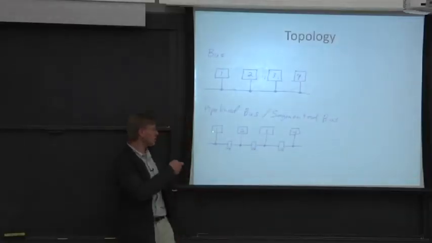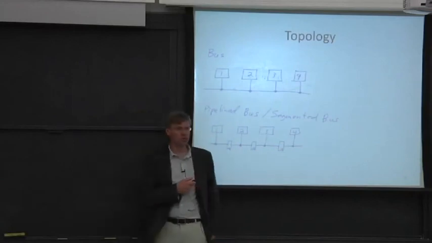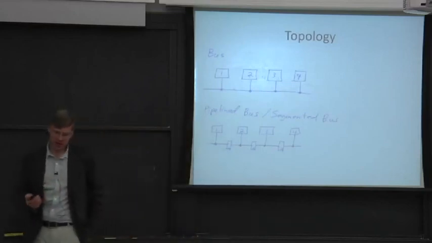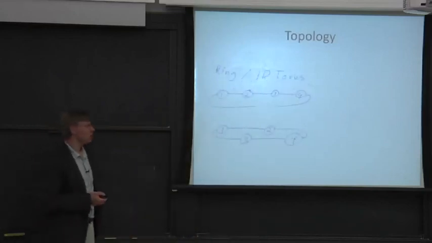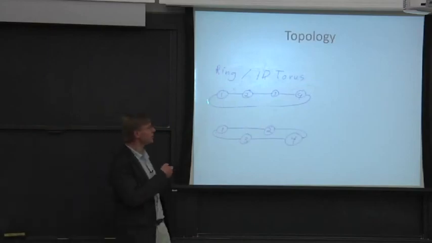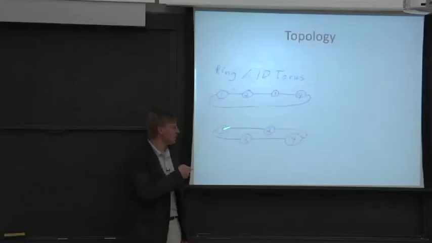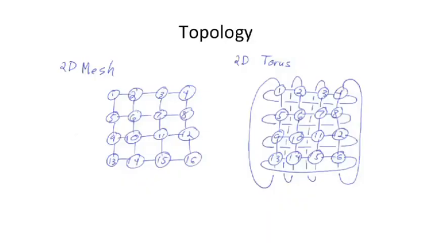And this would allow, for instance, this node maybe to communicate with that node at the same time as 3 communicating with 4. Sometimes this is called a pipeline bus. You could have rings, which are like this segmented bus, but they connect the 2 ends together. You can even implement rings in a way that minimizes wire length. We'll talk about that next time.